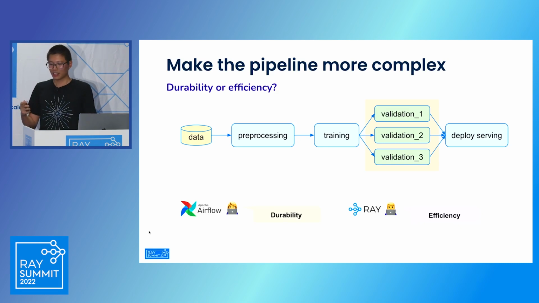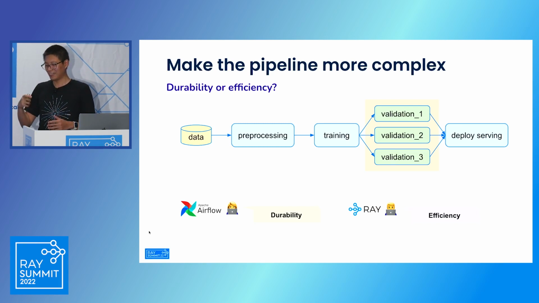At this stage, Alice and Bob argue for different things. Alice argues for durability, and Bob argues for efficiency. I think durability will be an issue for this complex pipeline, and Bob thinks efficiency will be an issue for this complex pipeline.